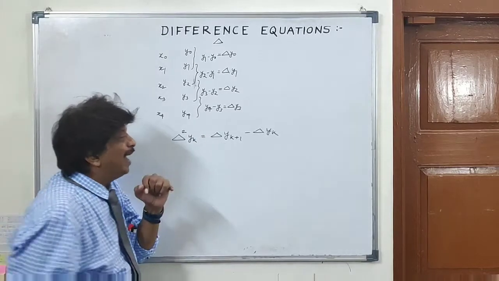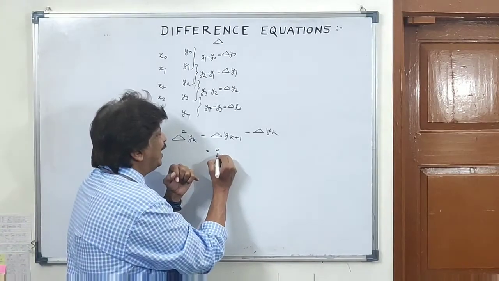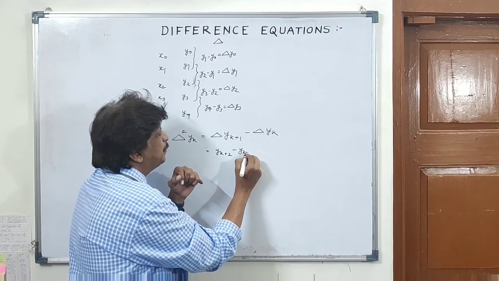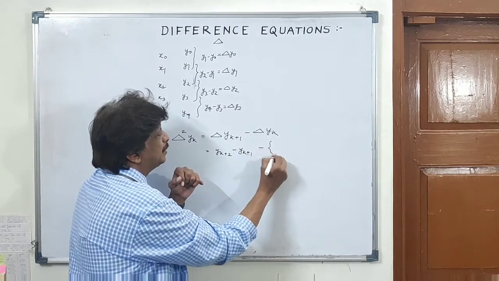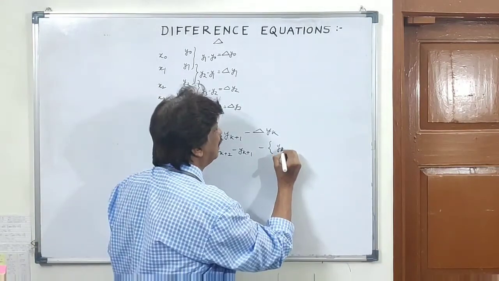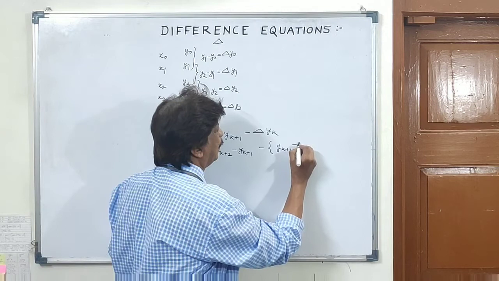But what is delta of yk plus 1? It is yk plus 2 minus yk plus 1.